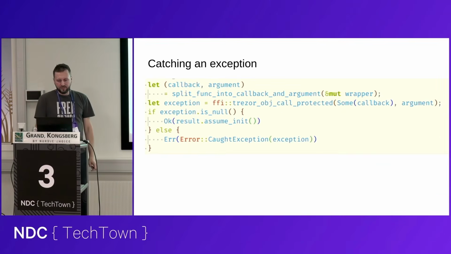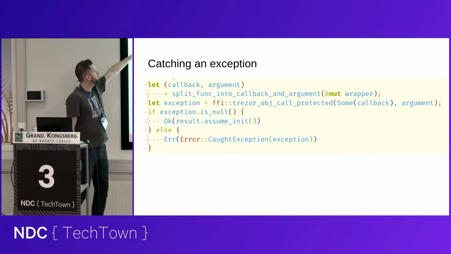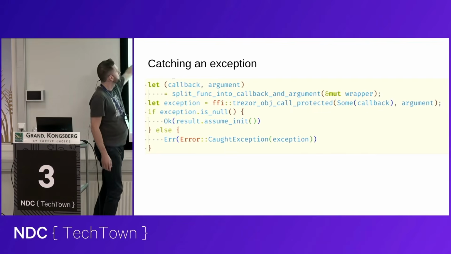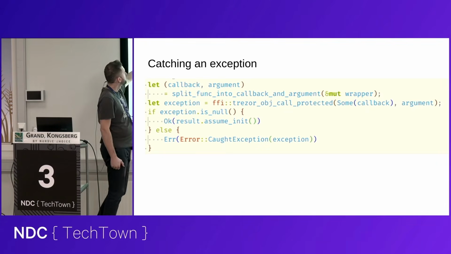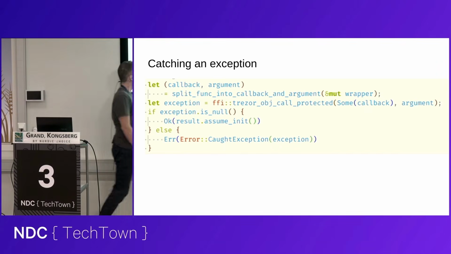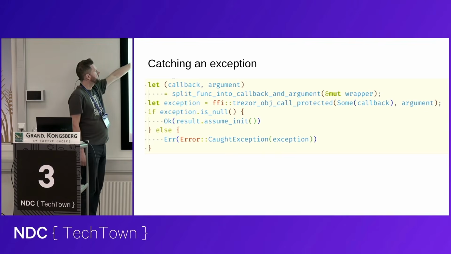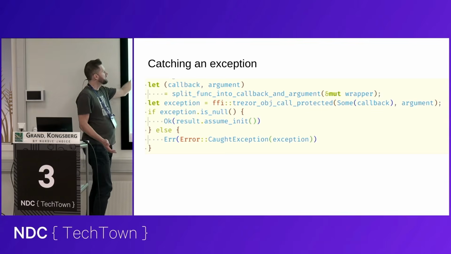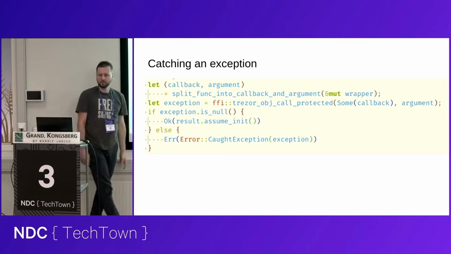So with this, we can now split the closure into something we can pass into C, a callback and an argument. We invoke this function, the try-catch object called protected that I showed you before. And if the return value is null, then that means that the closure has succeeded. And we return an OK, and otherwise we return the exception that was caught.